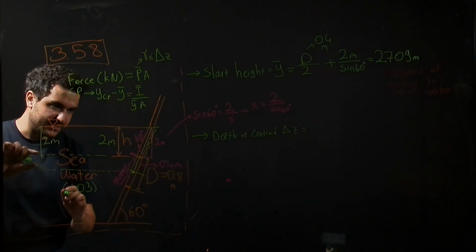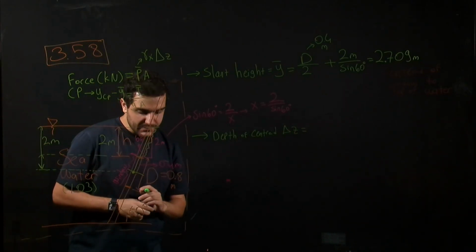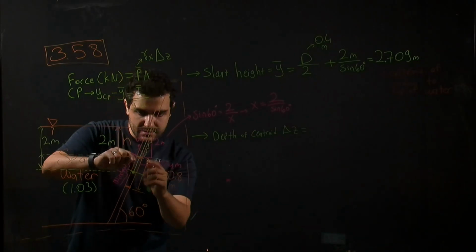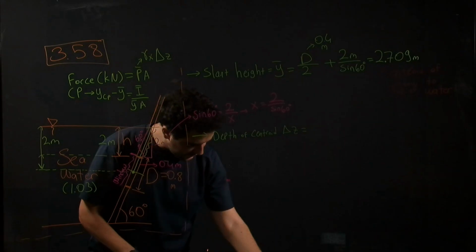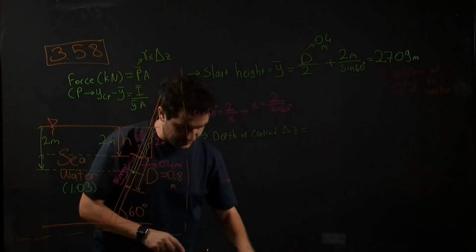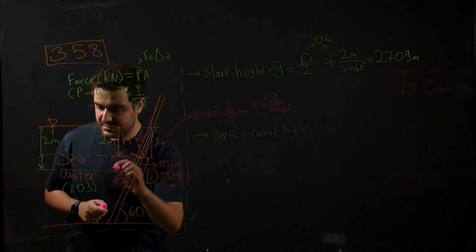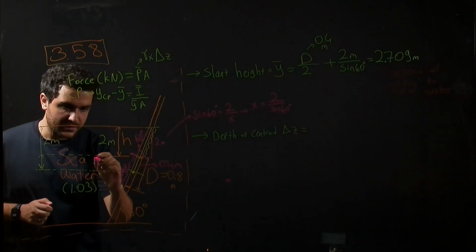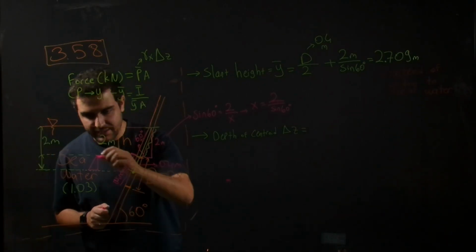And then we have this small distance, again, which will be this distance, and you can think a triangle like this.